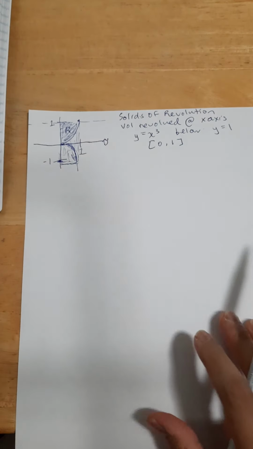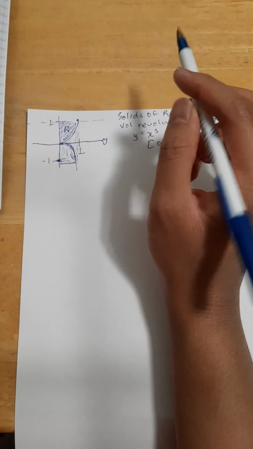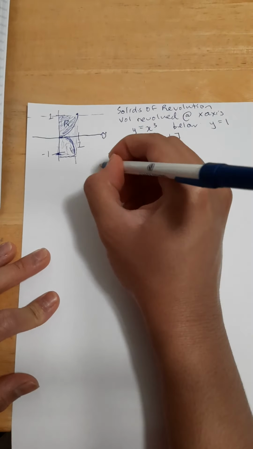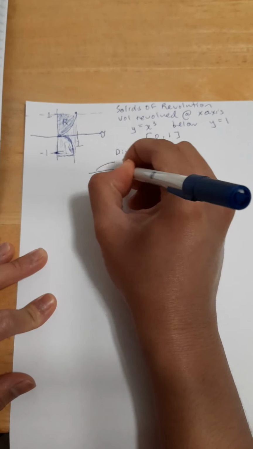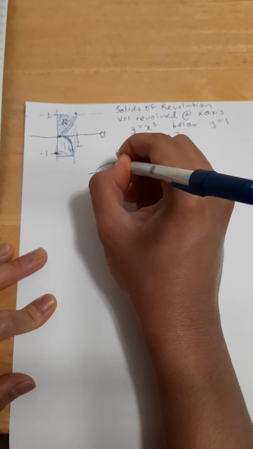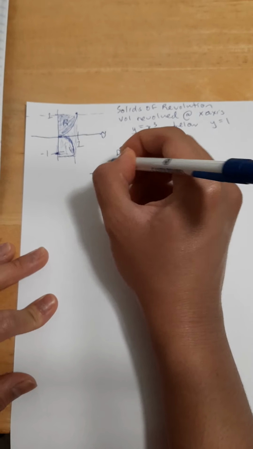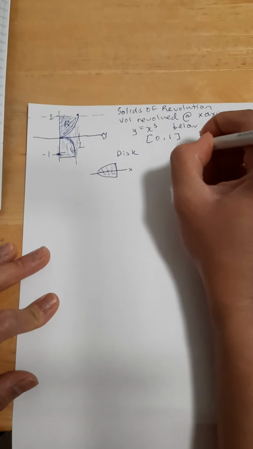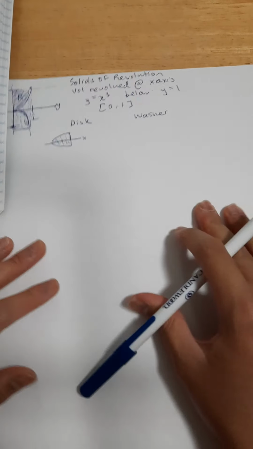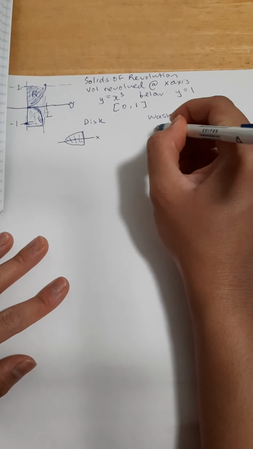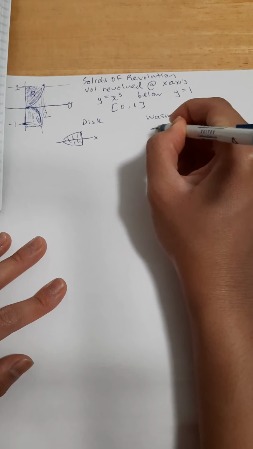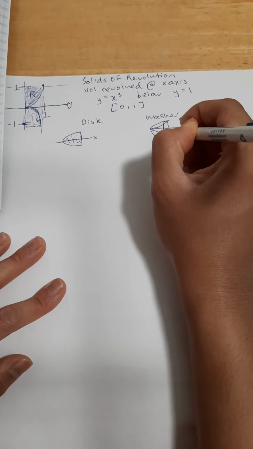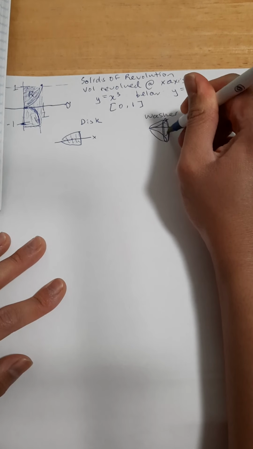Now how are we going to approach this problem? Well, there's the disk method. The disk method is when you have an axis, the x-axis, and you're revolving a region like this, there's no hole. The washer does involve a hole. If we take a slice, we have this donut.